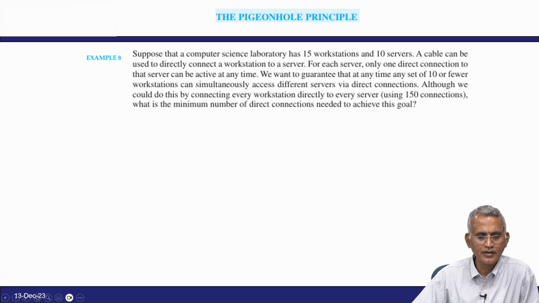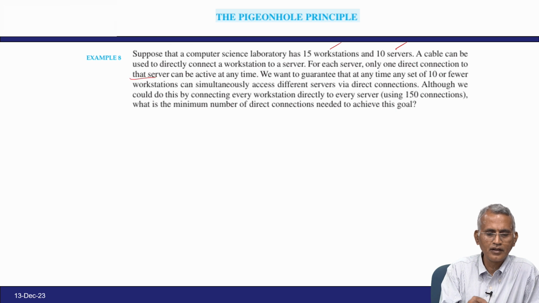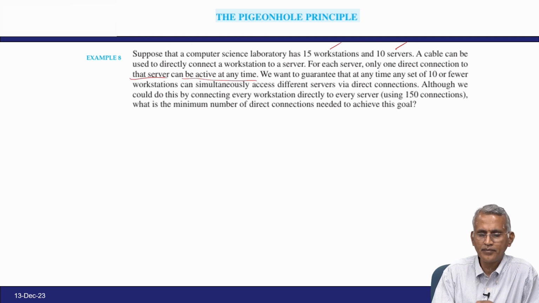Next example. Suppose that a computer science laboratory has 15 workstations and 10 servers. A cable can be used to directly connect a workstation to a server. For each server, only one direct connection to that server can be active at any time.